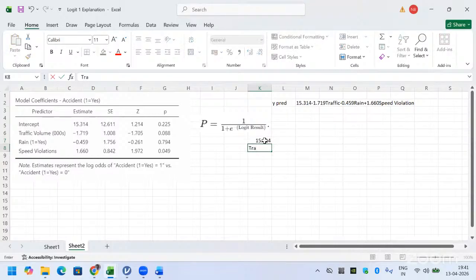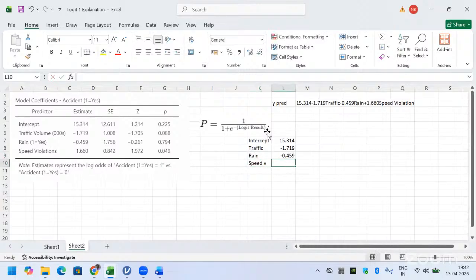The traffic coefficient, so this is the intercept, traffic value is minus 1.719, and rain value is minus 0.459, and speed violation is 1.660. Okay.